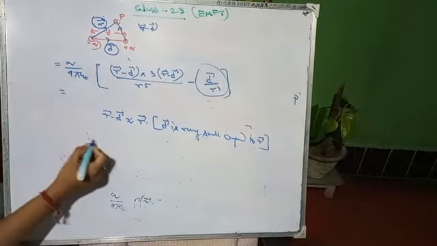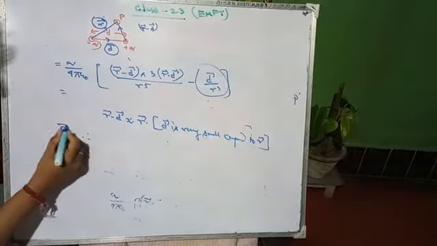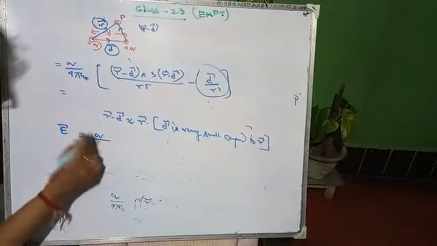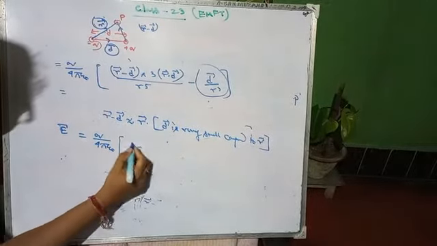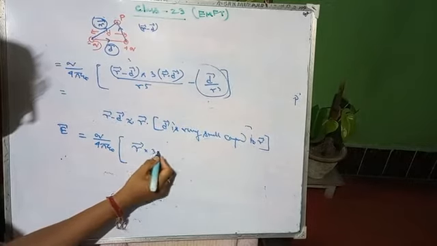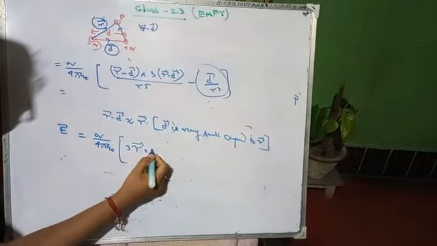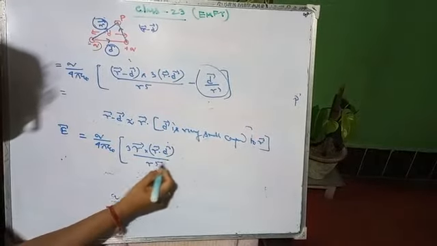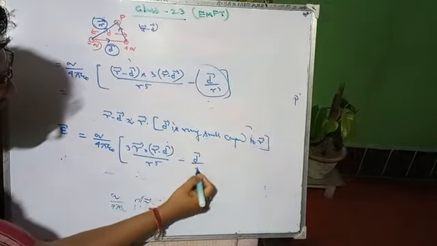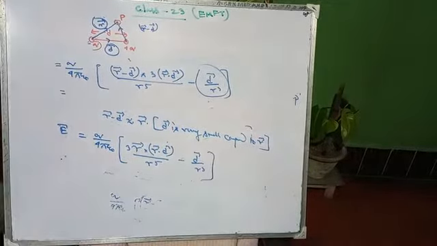So that's why E vector equals q by 4 pi epsilon naught r vector multiplied with 3 r dot d by r to the power 5 minus d vector by r cube, right.